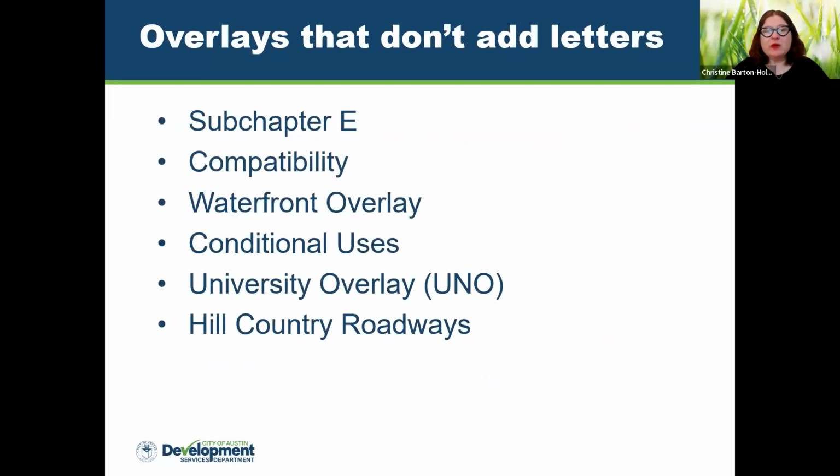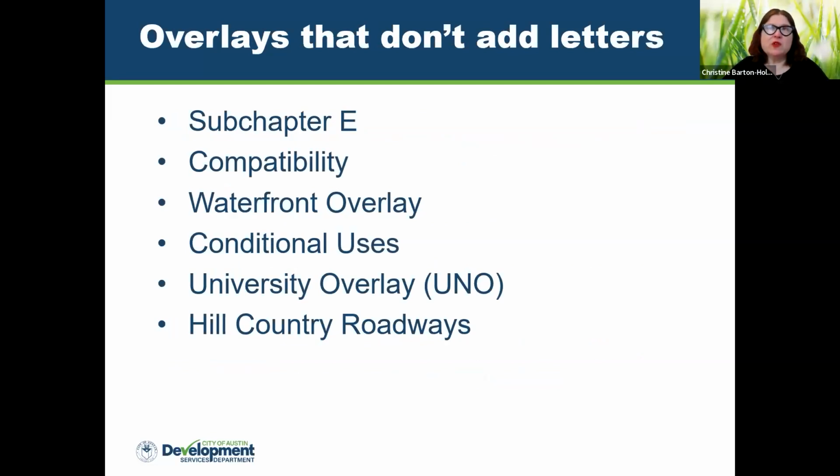So we have a number of overlays that don't add any letters. We have subchapter E, compatibility. Those apply citywide. Subchapter E applies to every commercial project in the city, both full and limited purpose jurisdiction. Compatibility, if it's triggered, applies anywhere in the city.